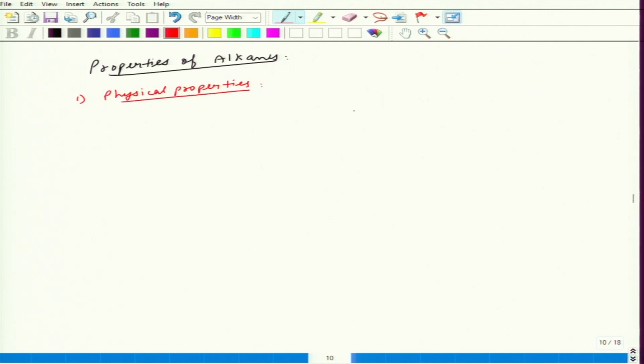Okay. In general, if I talk about the bonds, carbon-carbon and carbon-hydrogen, these are mainly the bonds present in the alkane. If I talk about the electronegativity, the electronegativity of carbon is around 2.5, and the electronegativity of hydrogen is 2.2.